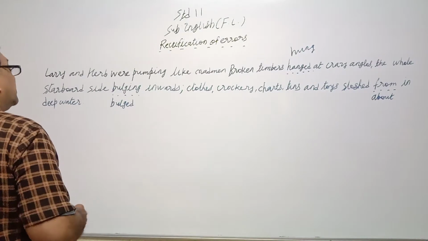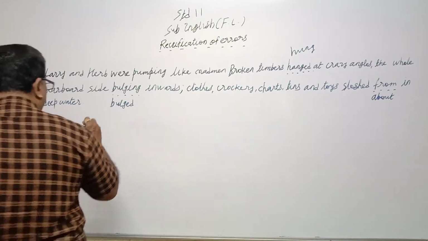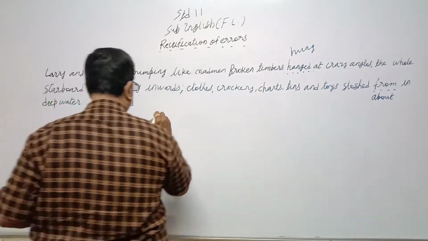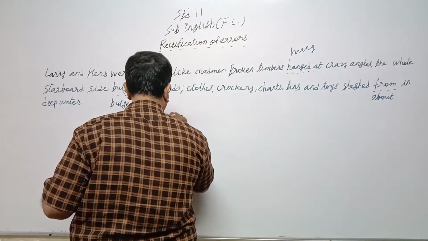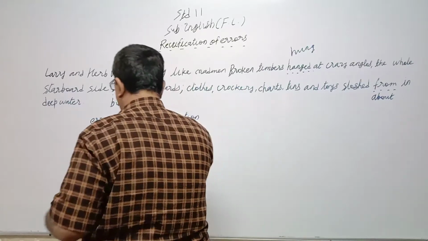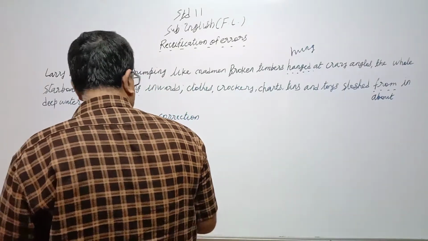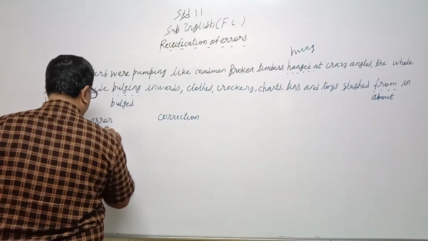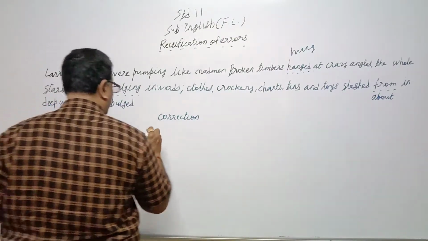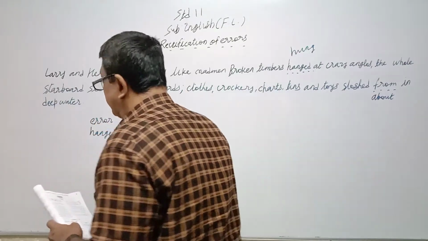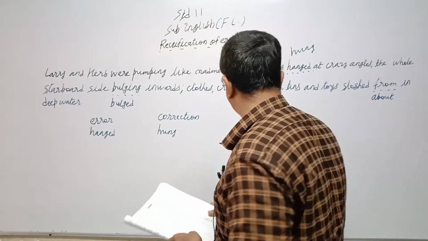And how will you write the answer? You will write answer like that. Error and correction. In error, you will write hanged. In correction, you will write hung, because the past form of hang is hung.